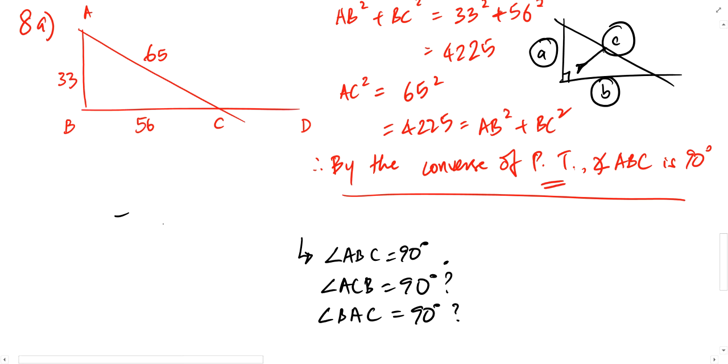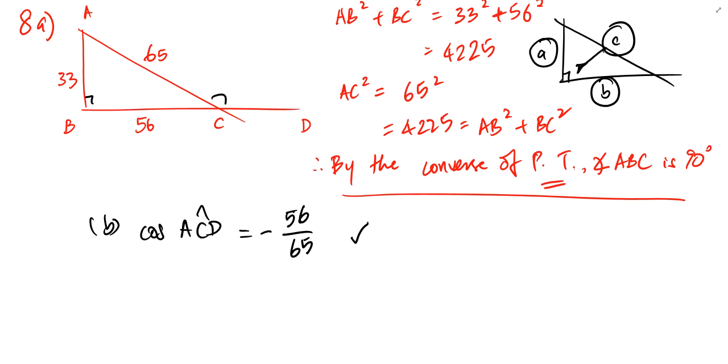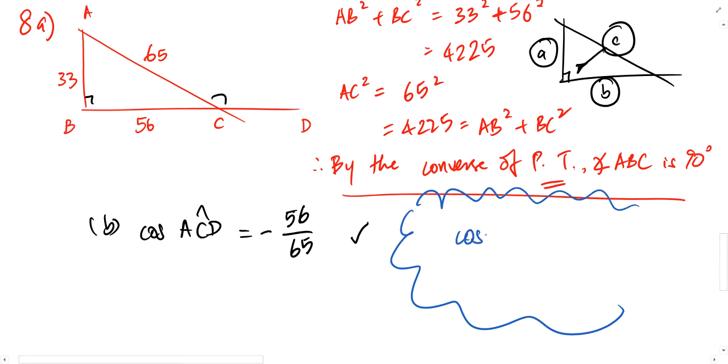Now part B, you are supposed to find cosine ACD. So cosine ACD equals? This is the correct answer, but how do you get it so quickly? In your mind, you should be thinking this: cosine ACB equals 56 over 65.